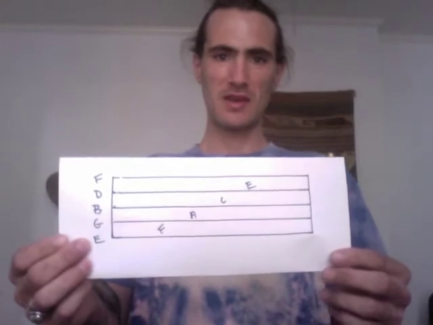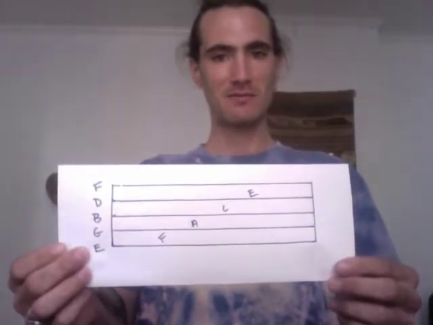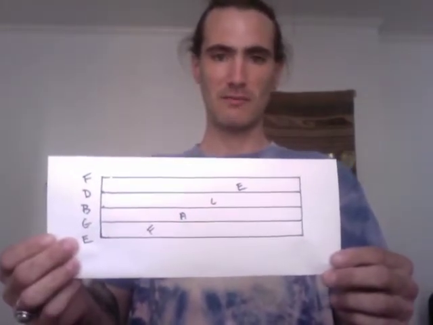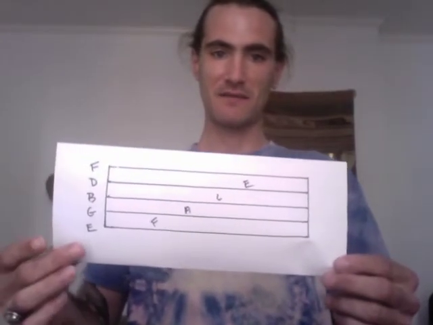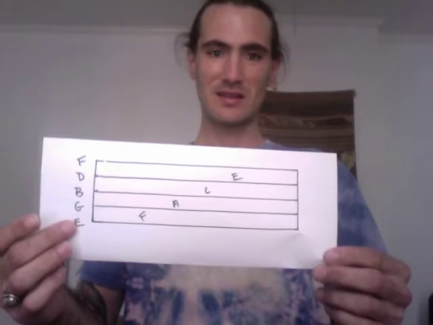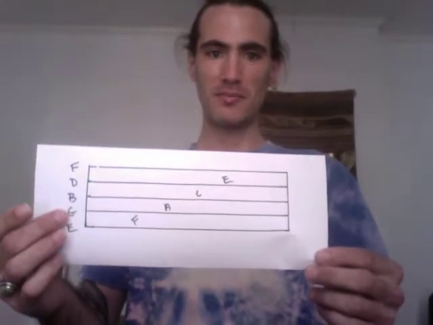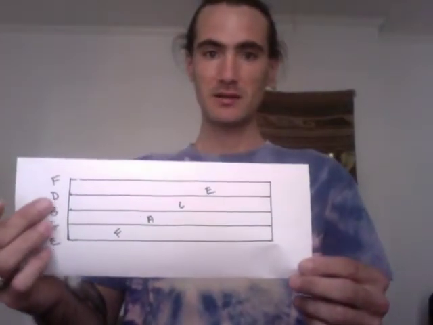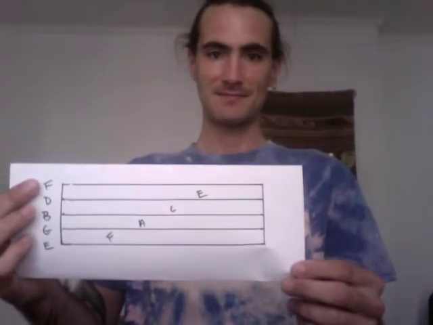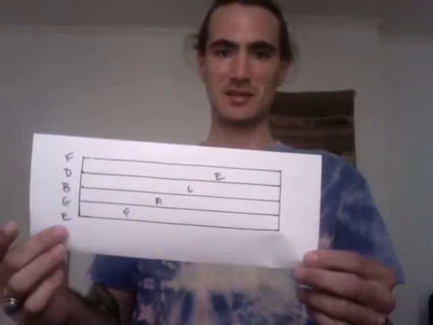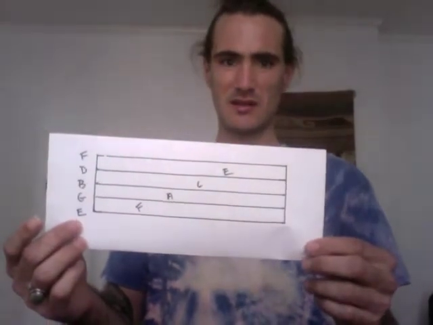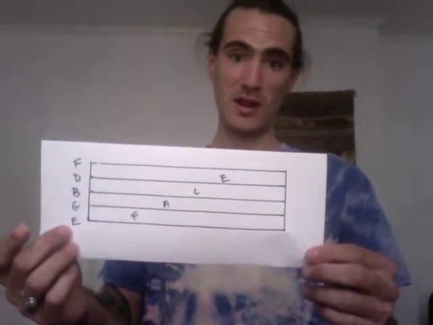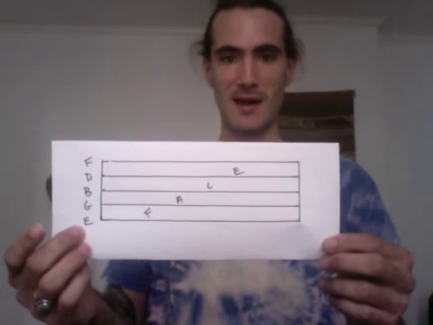The mnemonic that I use to remember the names of the lines in a staff is Eeyore's grumpy, but don't fret. That's because the first letter of all those words is the note name that is associated with that line.